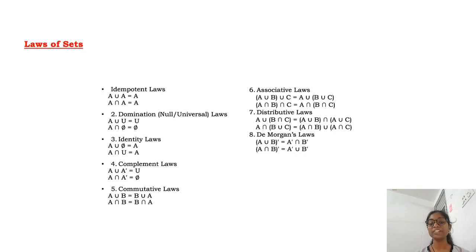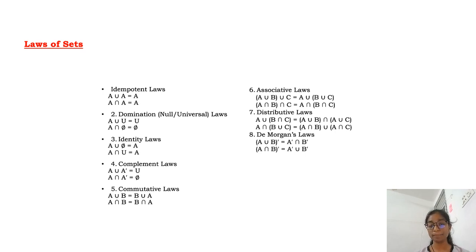Distributive laws. A union (B intersection C) equals (A union B) intersection (A union C). A intersection (B union C) equals (A intersection B) union (A intersection C). And last, De Morgan's law. (A union B) whole bar equals A bar intersection B bar.